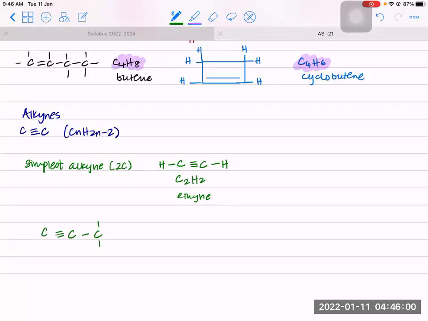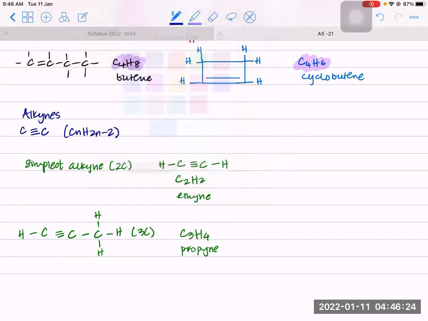Let's see a three carbon alkyne. This has one bond. So this is the second, third, fourth. This is already making four bonds. Three and one, four. This is making three bonds. This is the fourth. So this is of three carbons. And this will be called what? C3H, 1, 2, 3, 4. And this will be called propine. Yes.